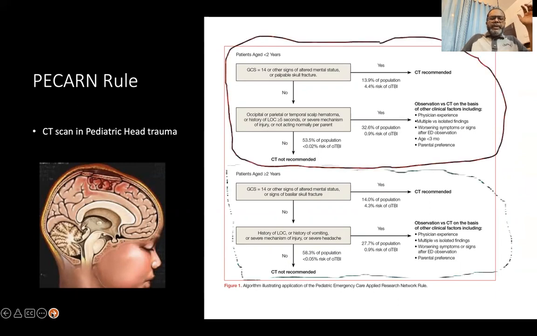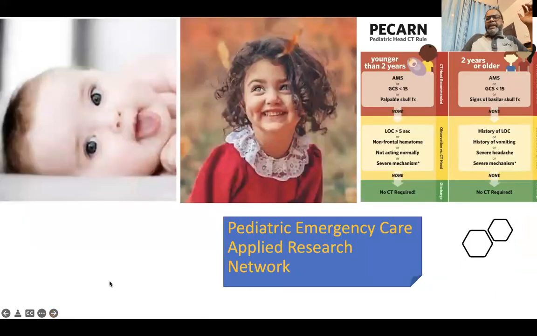In a simple version, if the baby is less than 2 years, you assess three things: whether there is an altered mental status, or the GCS is less than 15, or there is any palpable skull fracture. If this is present, definitely that child is indicated for a CT scan.